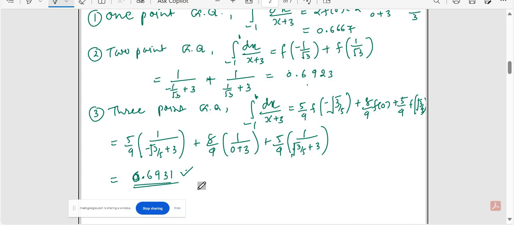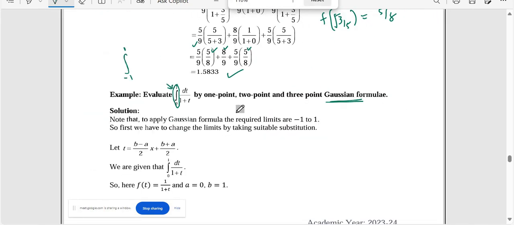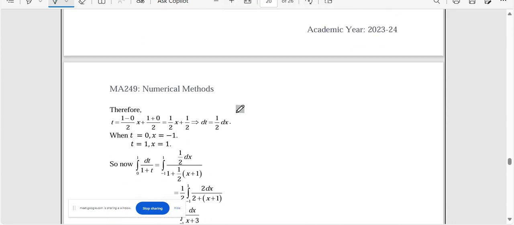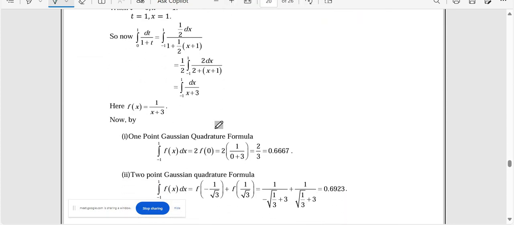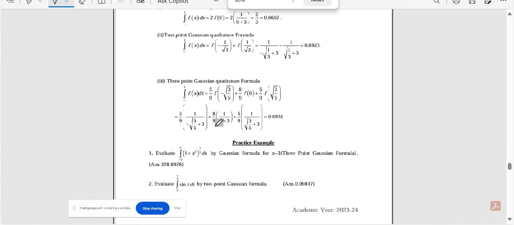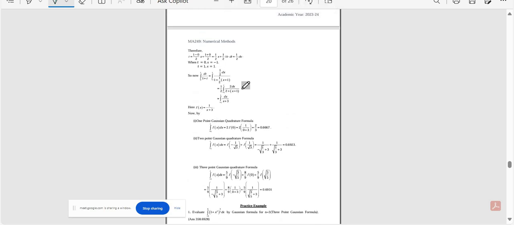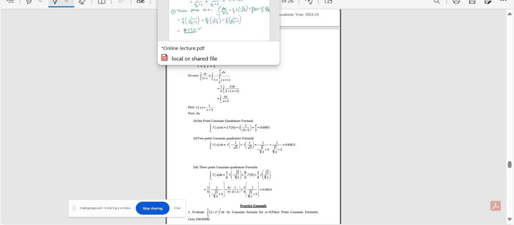So any question, any doubt in this method and in both the examples? You can see the whole example is calculated here. All steps are there, so you go through it. I will write it down again in front of you.